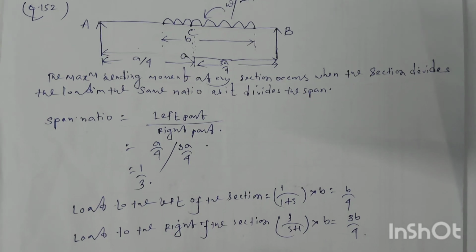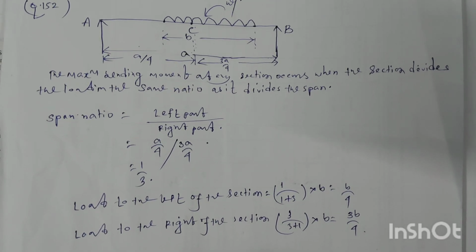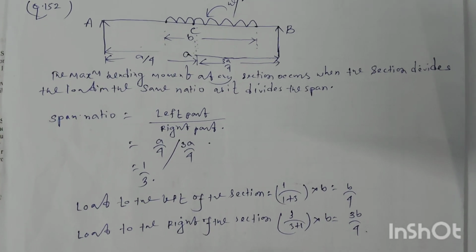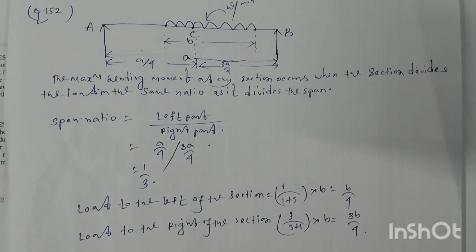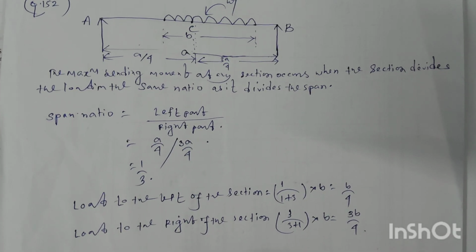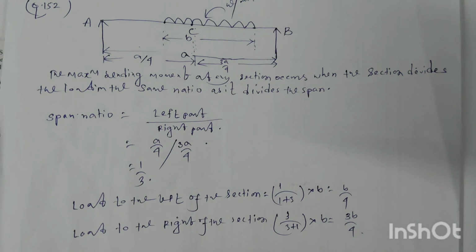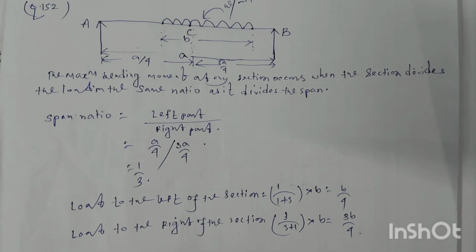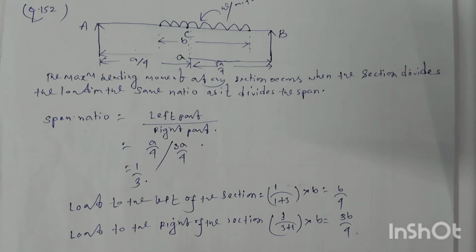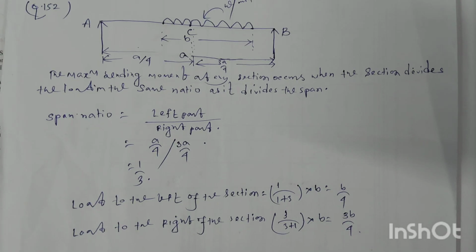Now we know maximum bending moment at any section occurs when the section divides the load in the same ratio as it divides the span. In this special case, we can easily calculate the span ratio of the beam, left part divided by right part, and if we do that, the ratio will be 1/3.